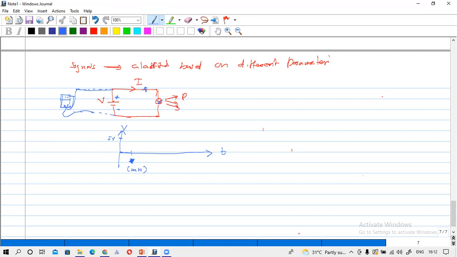This voltage can be reduced up to another level. Let's say it is 4.8 volt. Then I will take another after 4 minutes. Again, this voltage will maybe reduce. Let's say it is 4.5. I will draw it again.